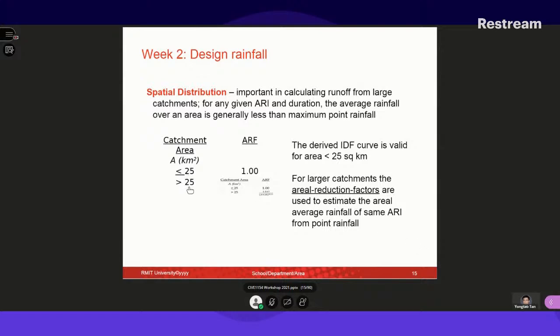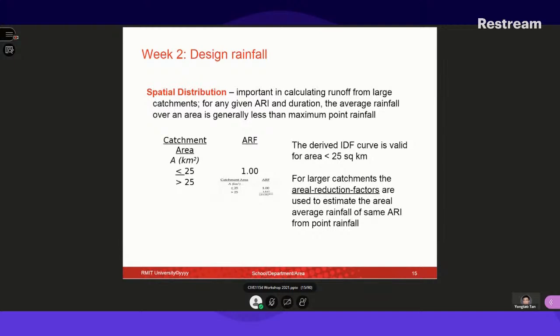So for less than 25 square kilometers, the ARF is 1. If the catchment area is larger than 25 square kilometers, the reduction factor can be calculated by using this formula.